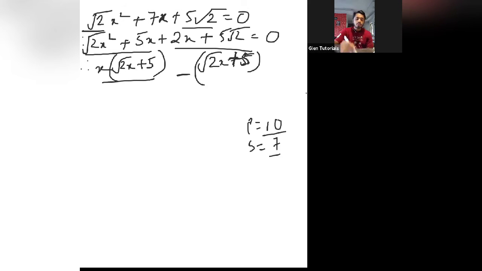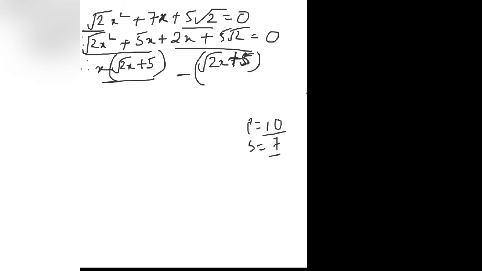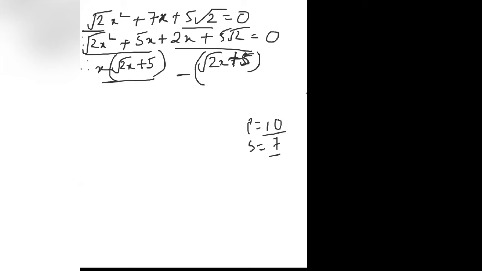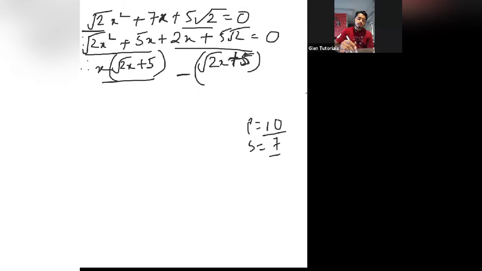Sanjana, please tell me what will come here before the bracket. X only will come. Sanjana is saying here x will come. Okay, mute yourself.